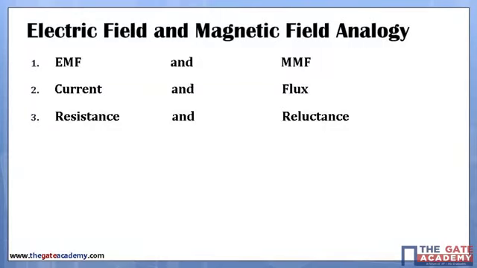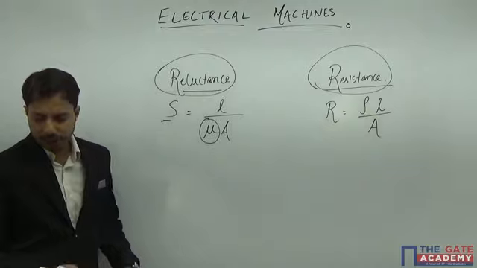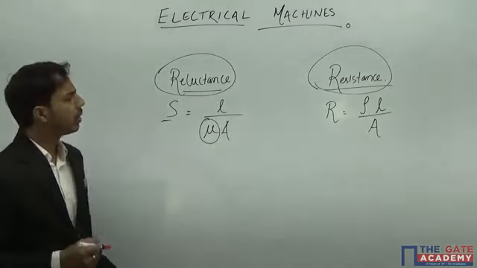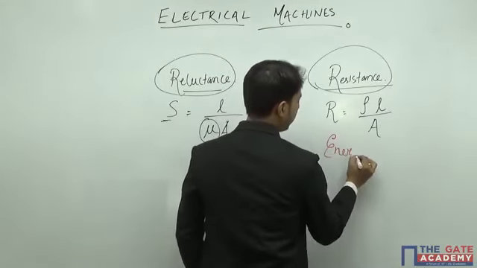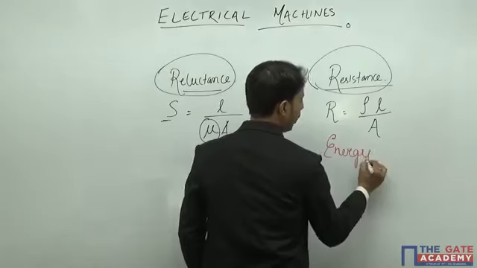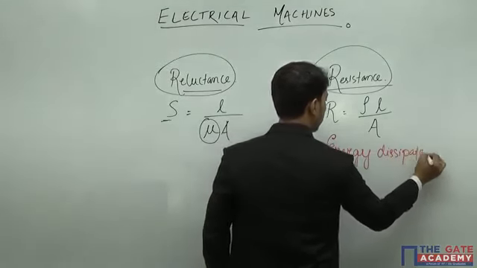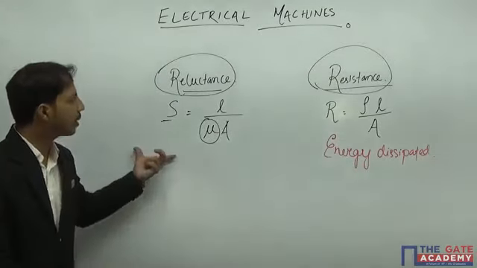Now there is a very important difference between reluctance and resistance. Okay, this is very important. In resistance, energy is dissipated. Whereas, what happens in reluctance?